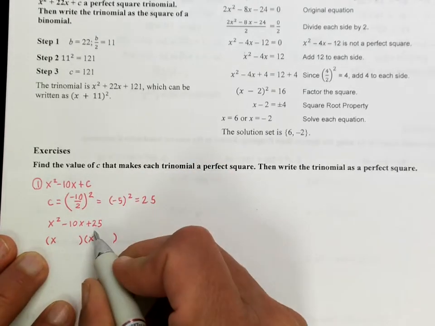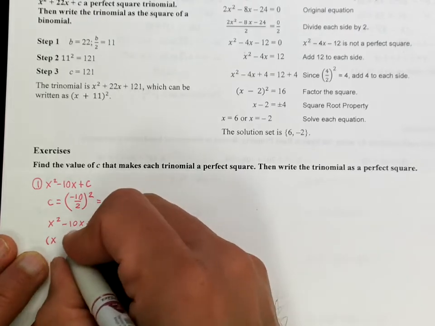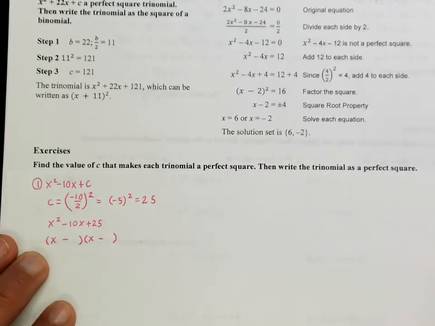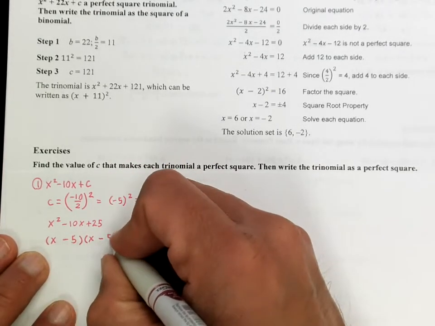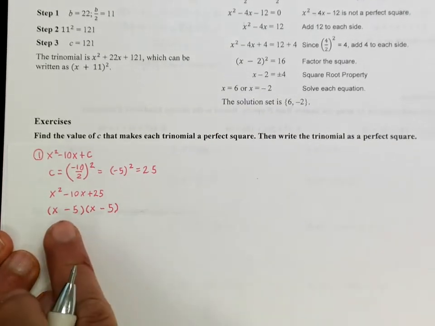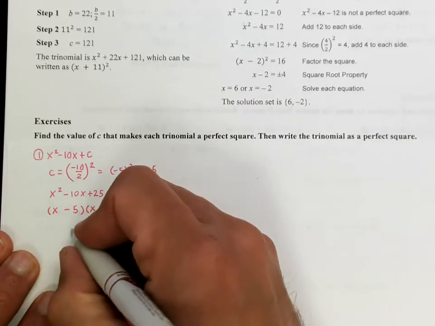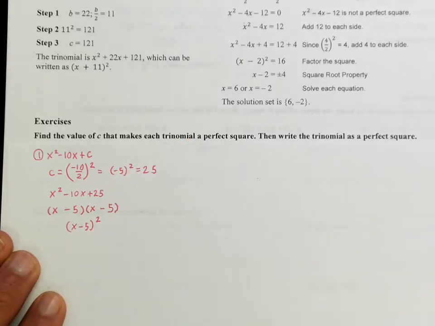Positive 25 means I have the same sign, and the negative in the middle means I have a negative and a negative. So I'm looking for factors of 25 that add up to 10. In this case, that's 5 and 5. The reason this is called a perfect square is I can rewrite x minus 5 and x minus 5 as x minus 5 squared. So that's basically all you have to do.